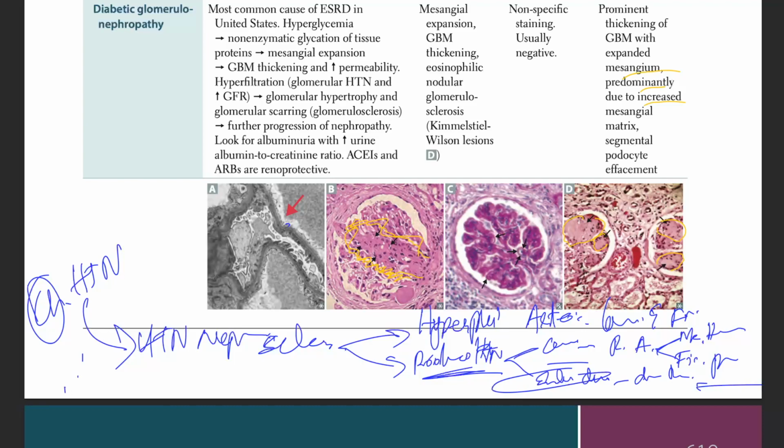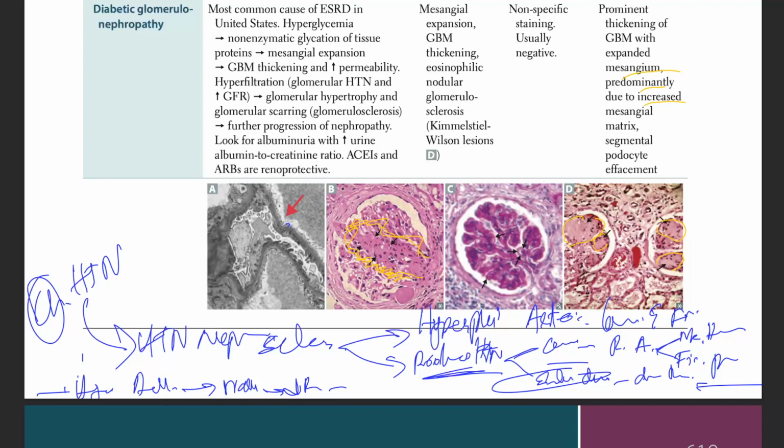I'm continuing this side from here. Hyaline arteriolosclerosis, which now, when you deposit so much protein into the vessel, causing hyaline arteriolosclerosis, you have narrowed the vessel. So narrowing of the vessel leads to decrease in renal blood flow.